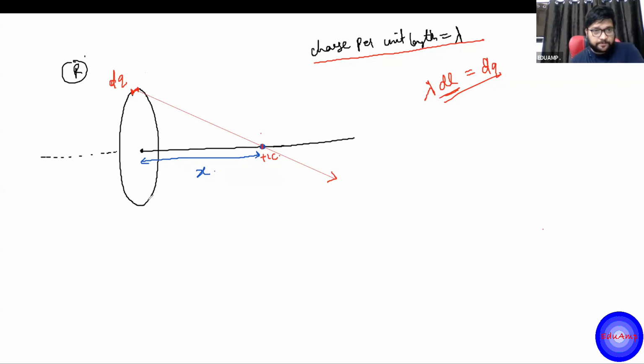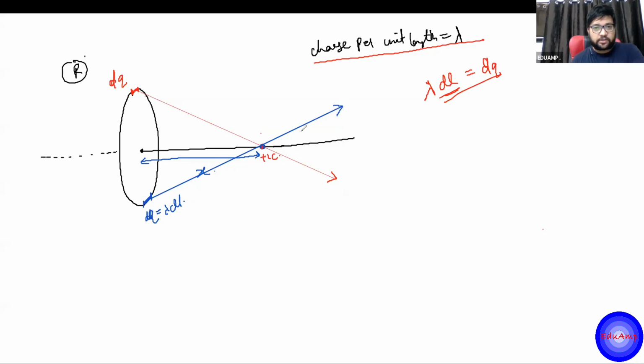If the length is dl, the dq is again lambda dl. Now this will apply a force like this on that same charge, in this direction.